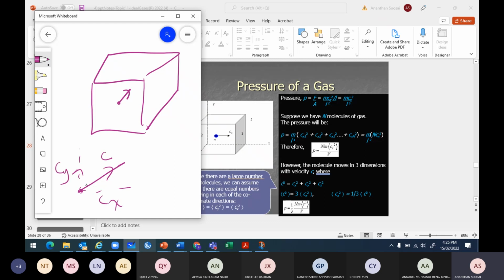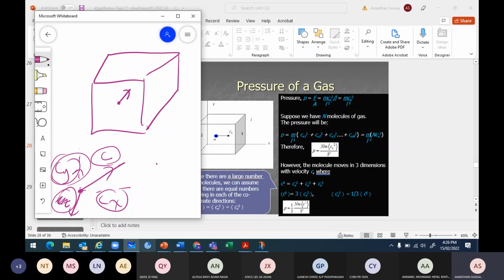If this c is coming out of the page, which is very difficult for me to draw in 3D, it will have another component, cz, a third component. So the particle in this box might move diagonally. It has these 3 components, cx, cy, cz. How are cx, cy, cz connected to c?